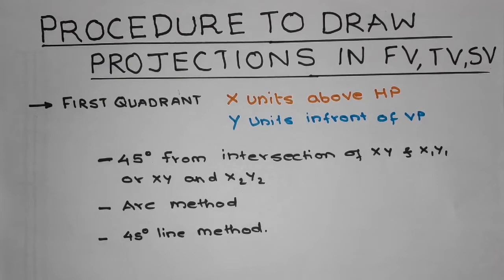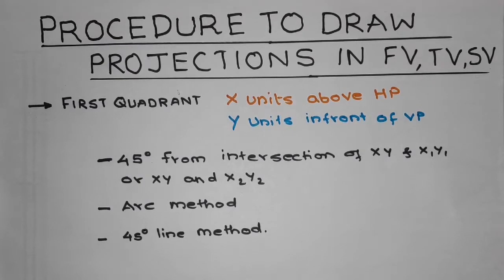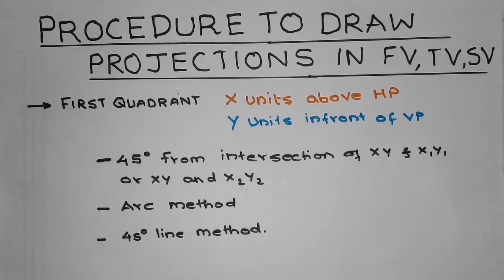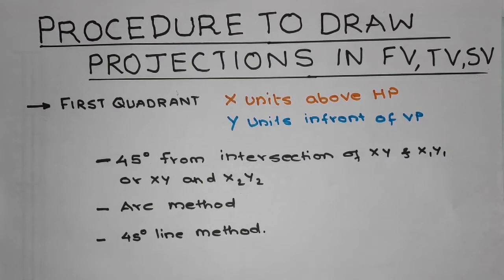So coming to the next lecture, that is the procedure to draw projections in front view, top view and side view of any object. Here we will be taking the example of the first quadrant just to know the procedure.